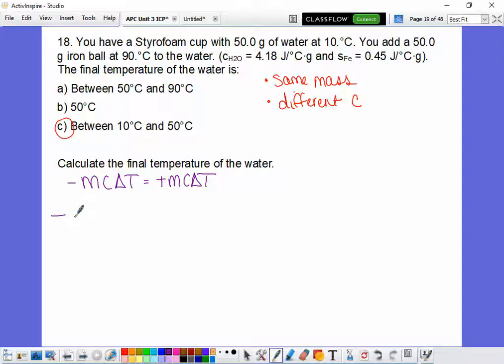Okay, so what cancels out? Mass. Mass cancels, because it's both 50 grams. Now, we could do the math with the mass, but just save it, make it easier for yourself. So C for the metal is the 0.45.